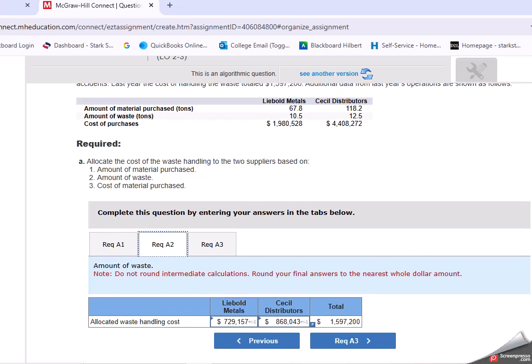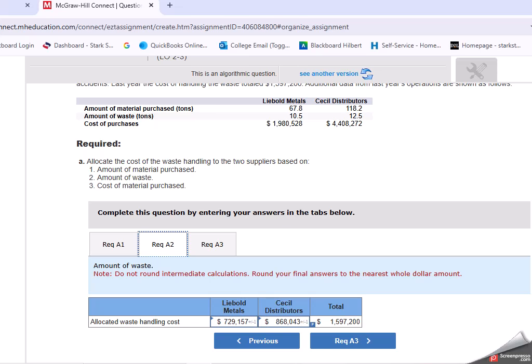Then the cost of the material purchase, again, do the same thing. So the 1,980,528 plus 4,408,272 gives us 6,388,800.